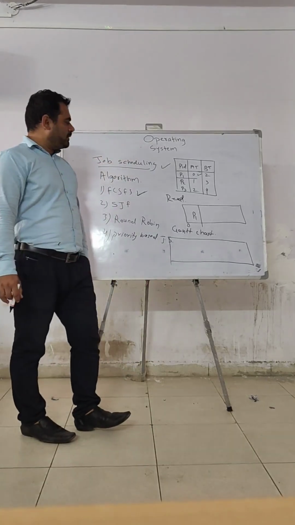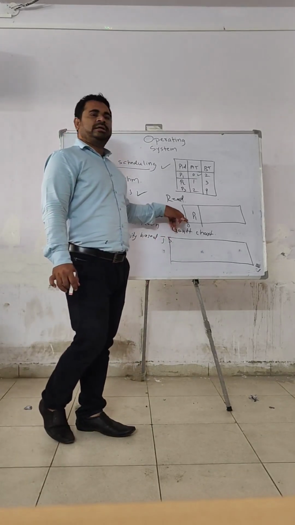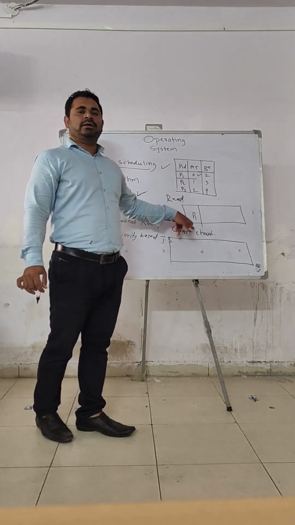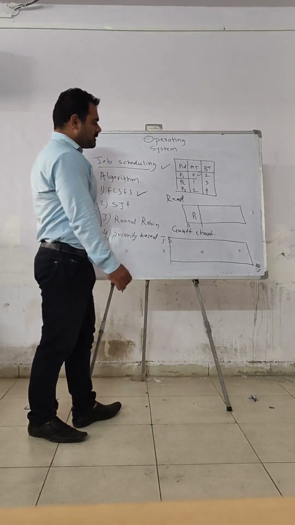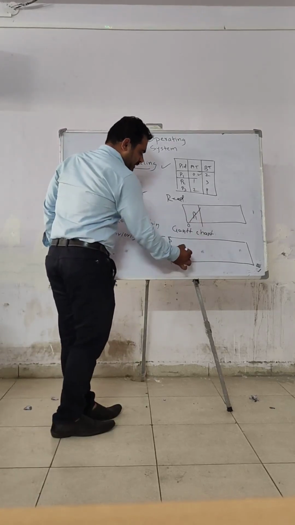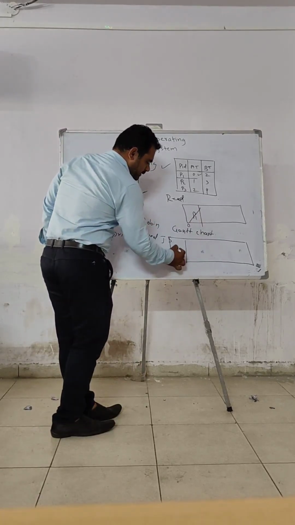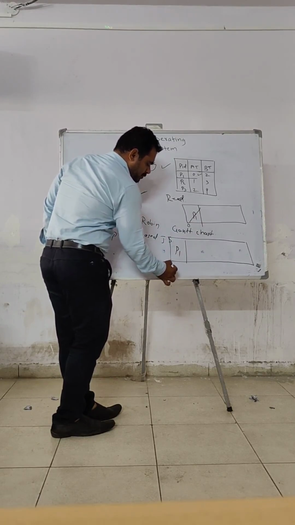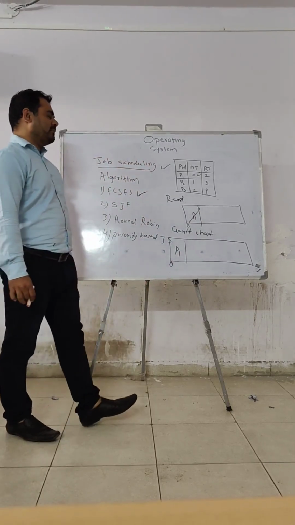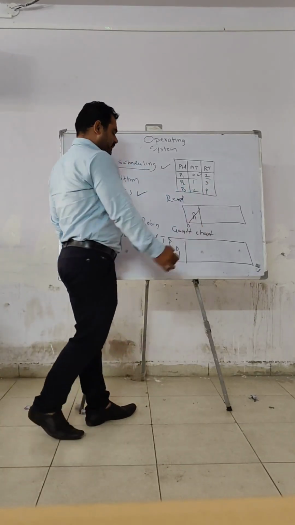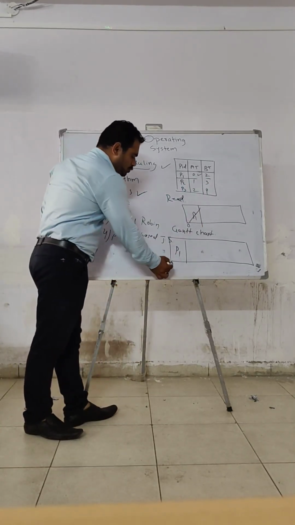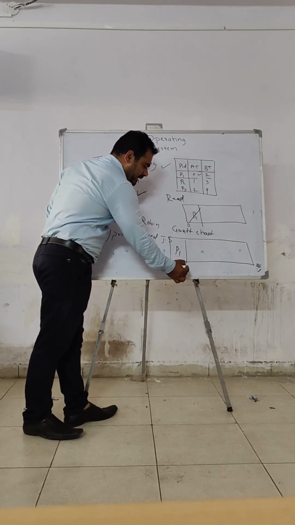So first we will execute it on the Gantt chart. Process P1 starts from 0 millisecond and it has burst time of 2 millisecond. So from 0 to 2 millisecond it will get executed.